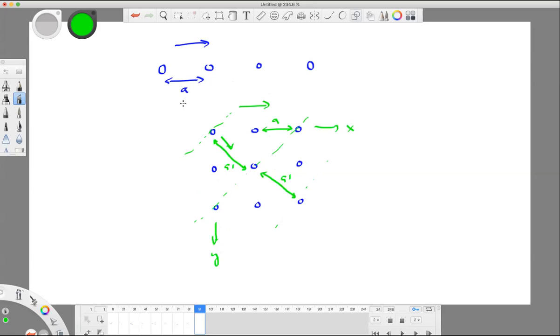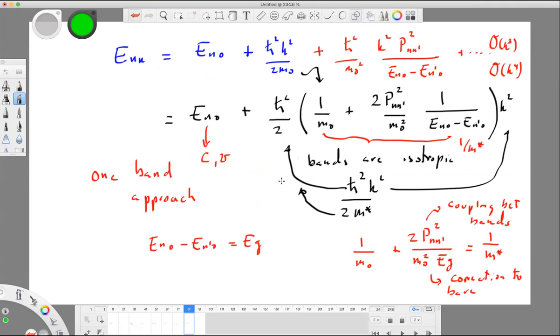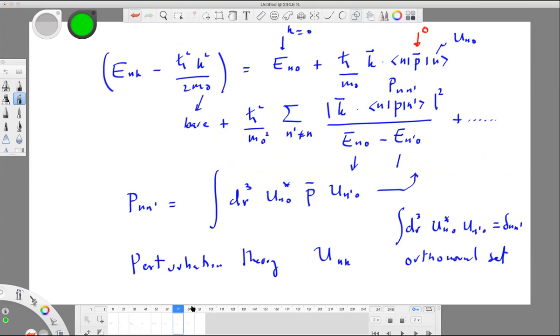So this is in general going to give an anisotropic effective mass. And this is completely taken into account by this dot product that you see here.